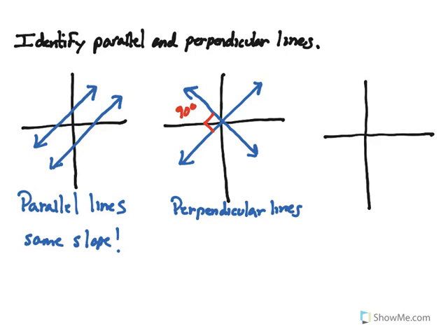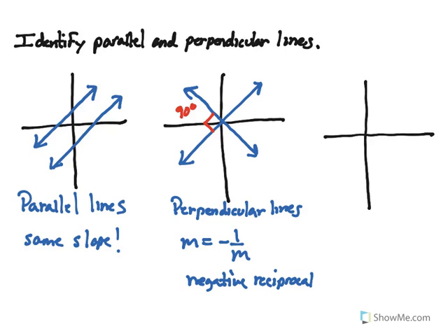And with perpendicular lines, the slope of the other line is going to have a negative reciprocal. So it's going to be like this. Okay? And that's considered a negative reciprocal. And I'll explain that when we do examples on the next slide.